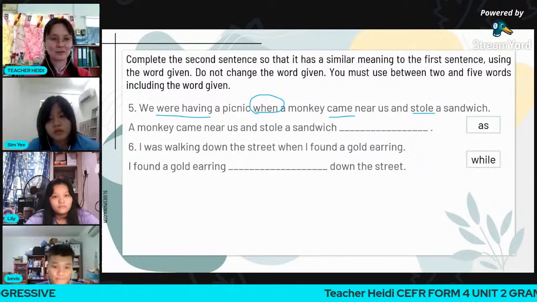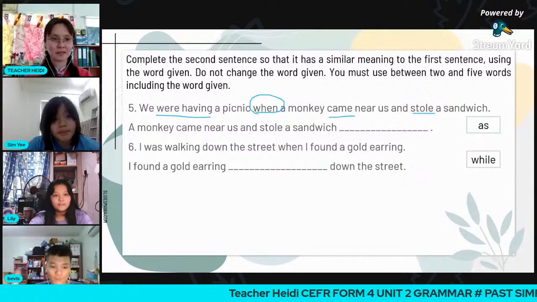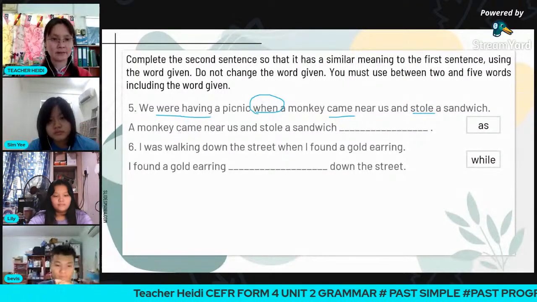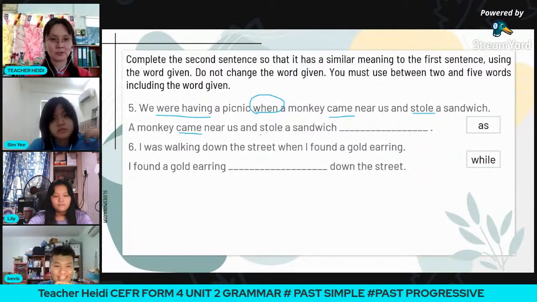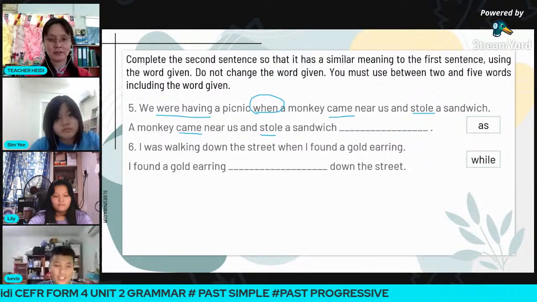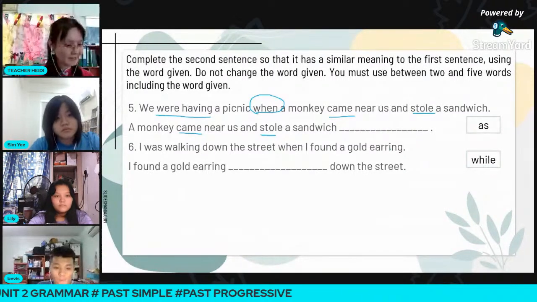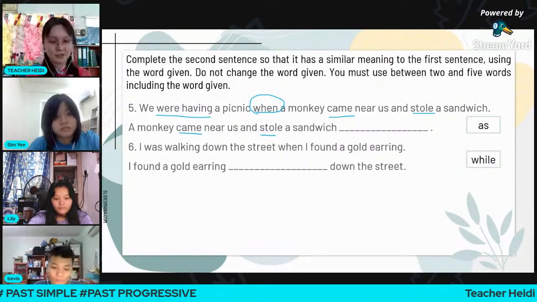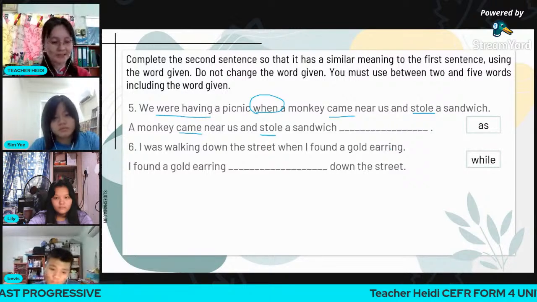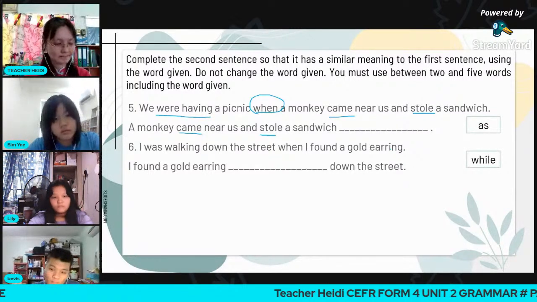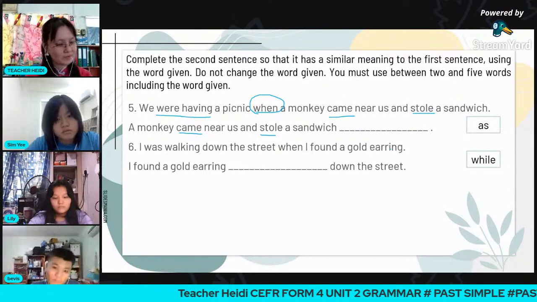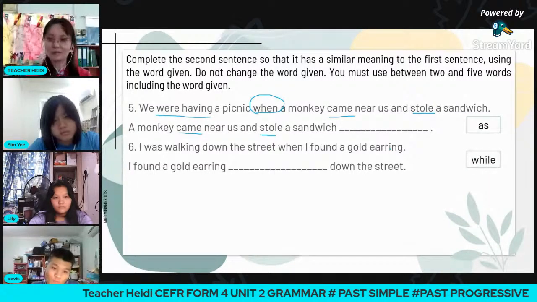Quite easy lah, this one. Came, and then stole. So here will be what? The ing must go with the is, are, verb to be. While we were having a picnic. Okay? While, no, cannot. But use as.